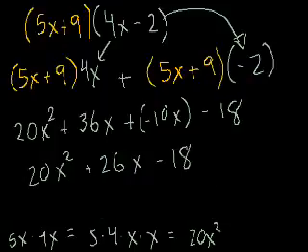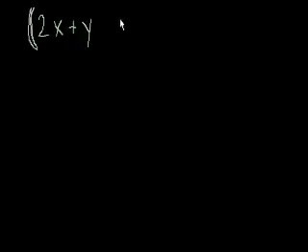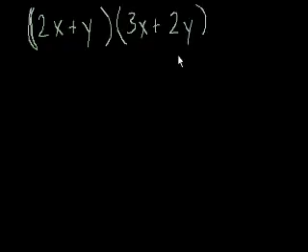Let's do another problem. Let's do 2x plus y, in parentheses, times 3x plus 2y. Well, once again, we could do it in a little different order, but we could distribute it like this.